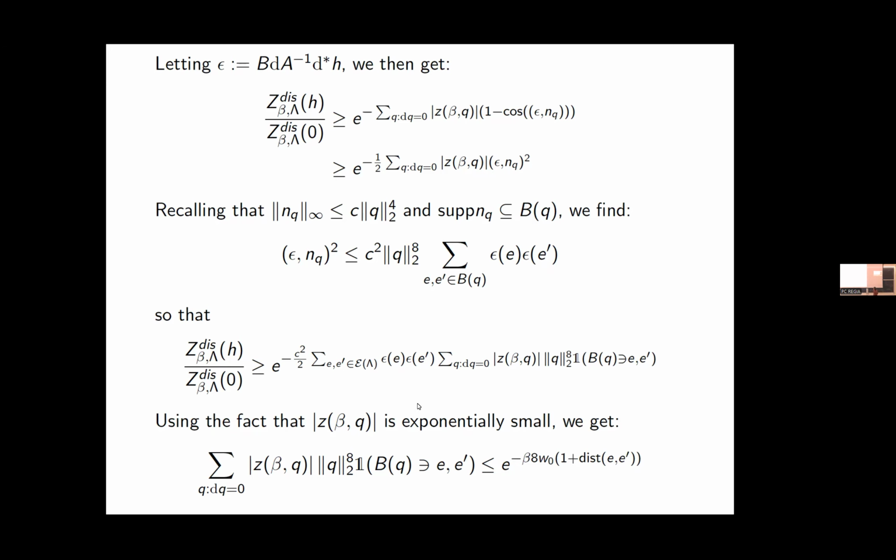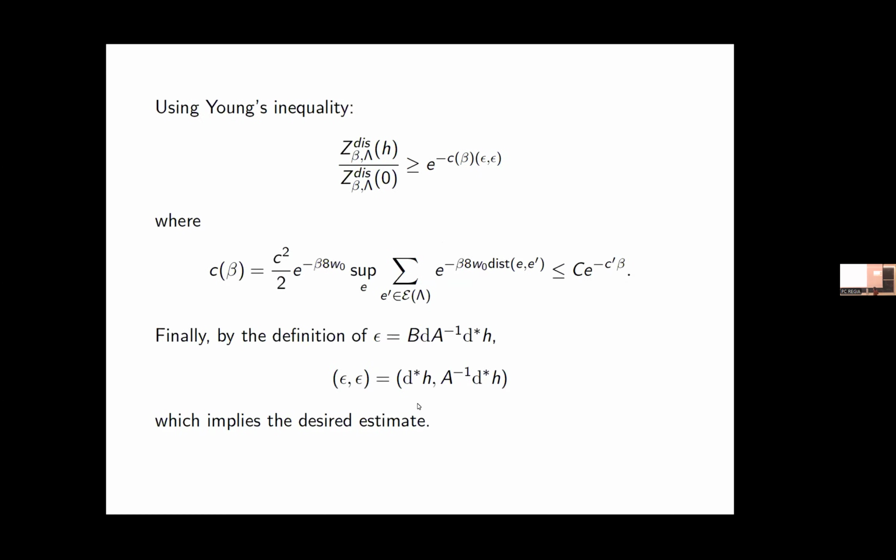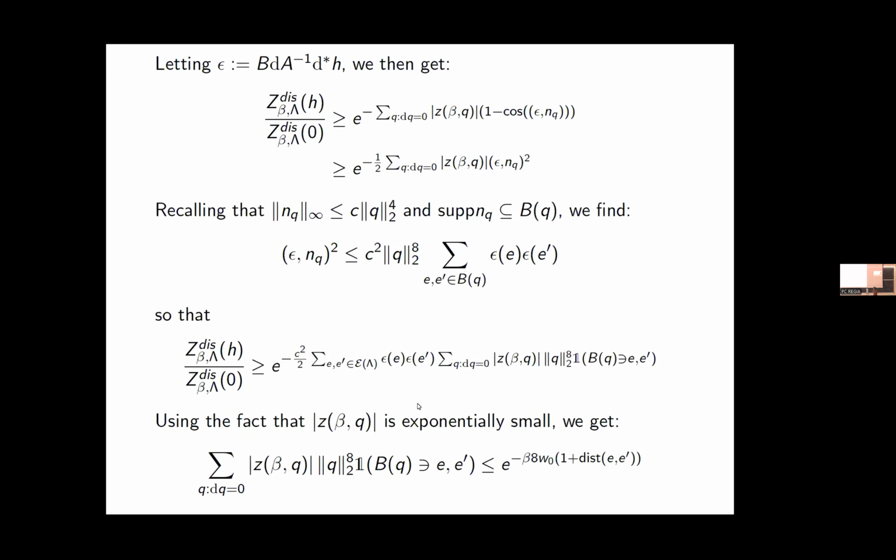So the final goal is to get something like the square norm of epsilon. To get there, we have essentially to write this as a convolution, epsilon kernel epsilon, and then use the fact that the kernel is exponentially decaying, and use Young's inequality to write this convolution as the L2 norm times the L1 norm of the kernel.